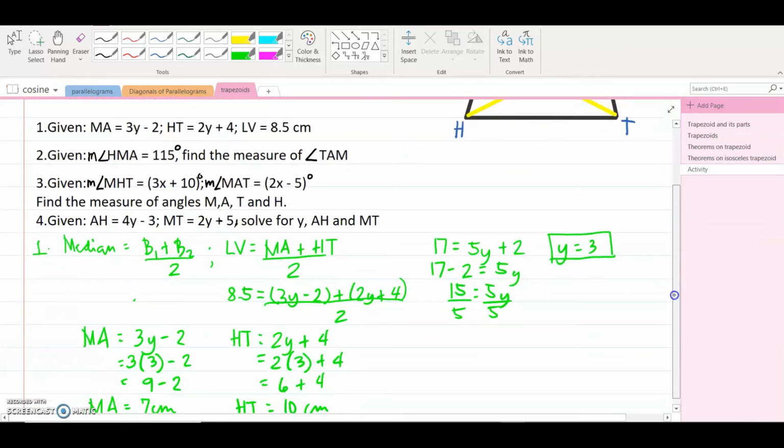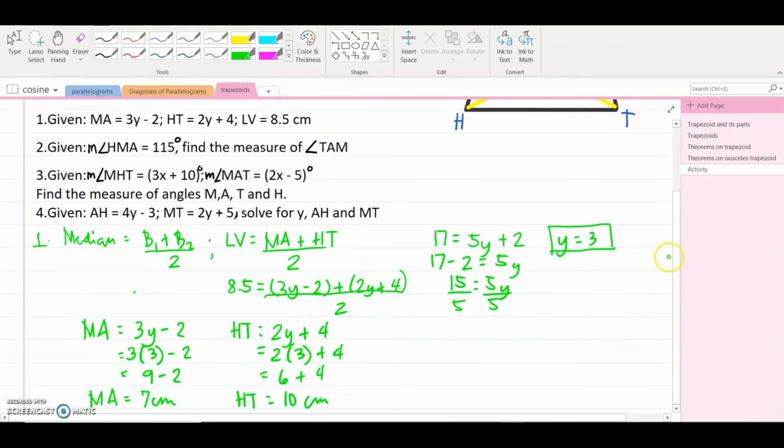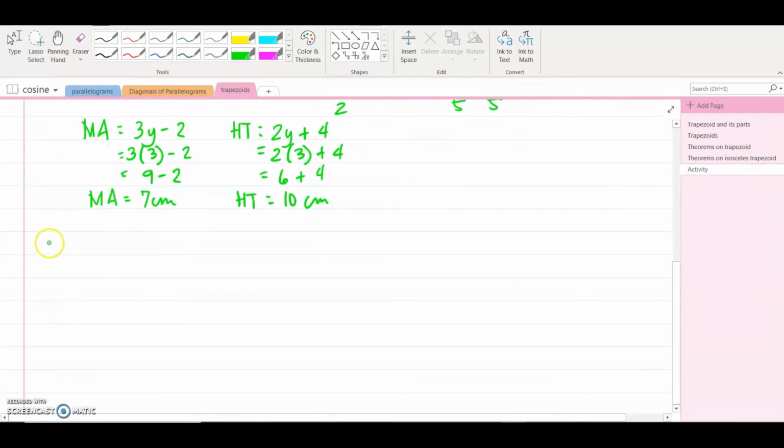So as we can see here, for number 2, the measure of angle HMA is 115 degrees.